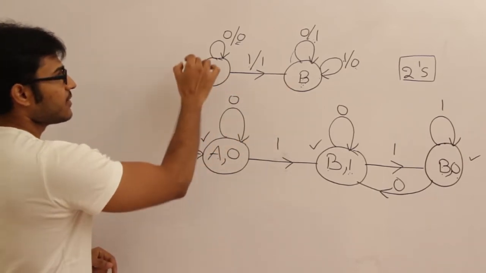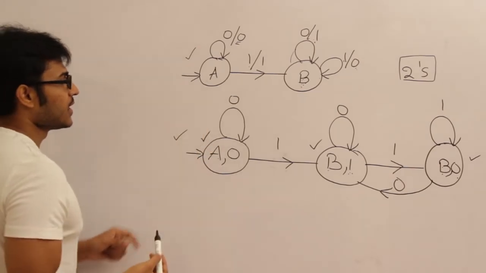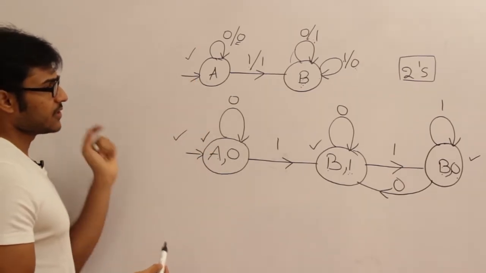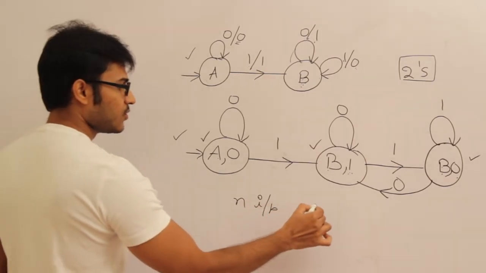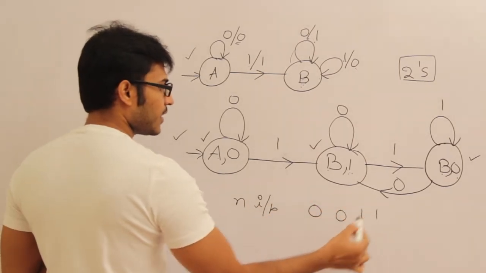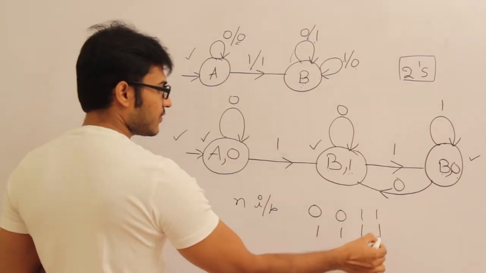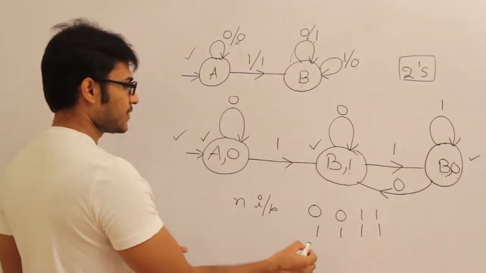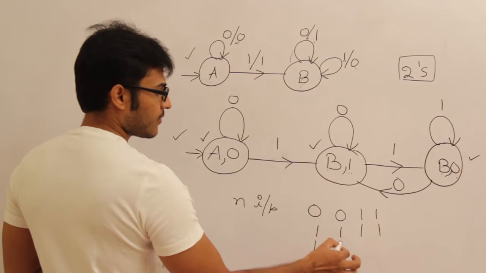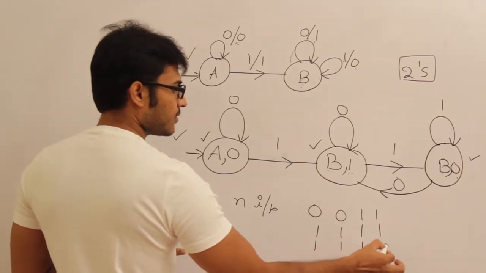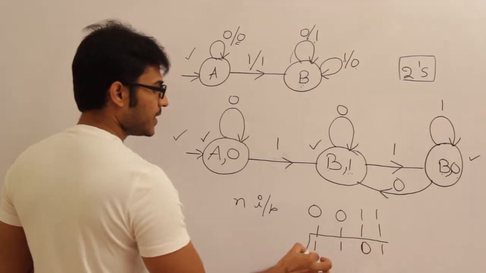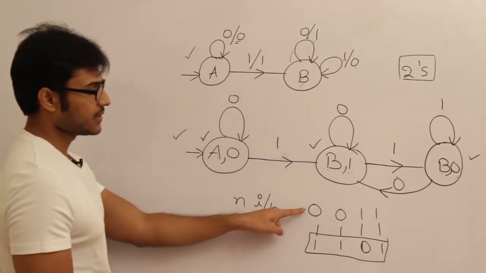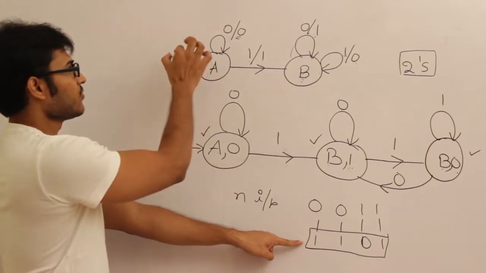The main difference between Mealy machine and Moore machine is, in Mealy machine, if I have n inputs, which means if I give 0 0 1 1, then I'll get n outputs, each one for each. The answer could be 1 1 1 1 1 0, let us say 1. If there are 4 bits, I get 4 bits as output in case of Mealy machine.